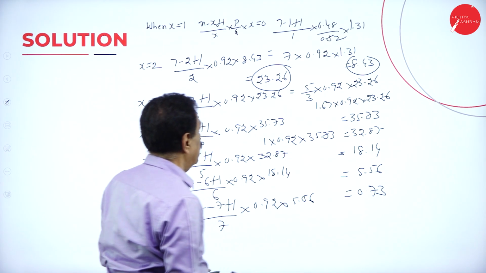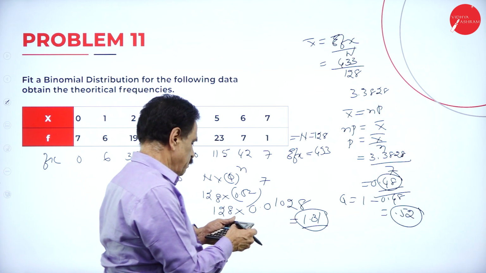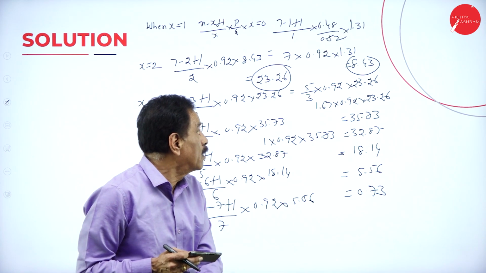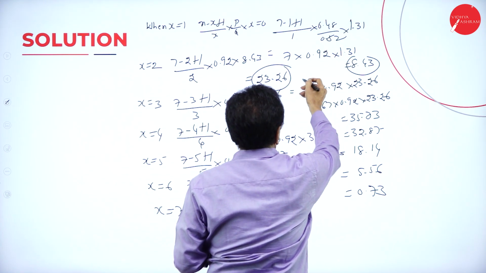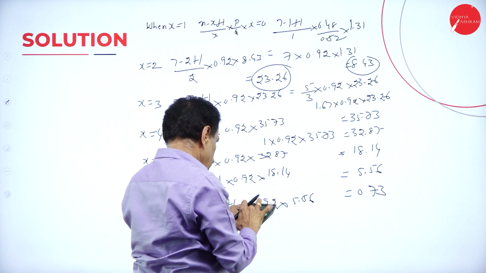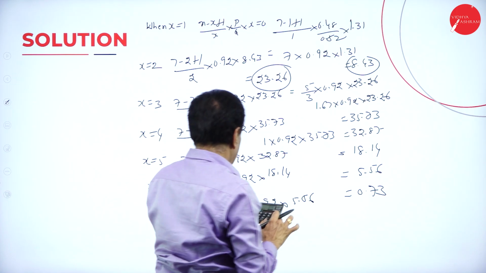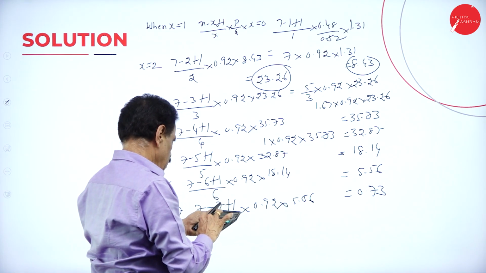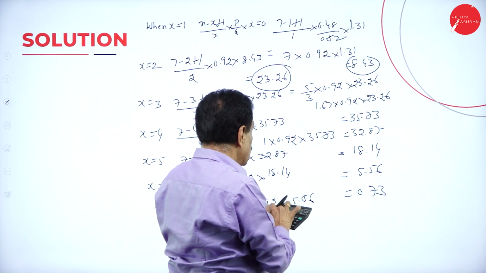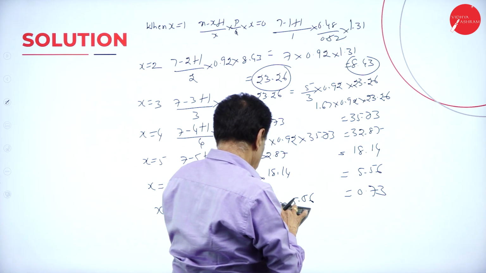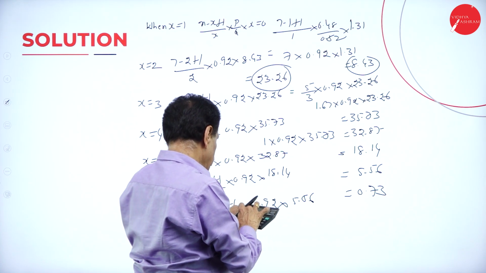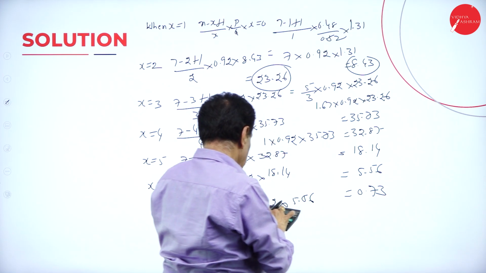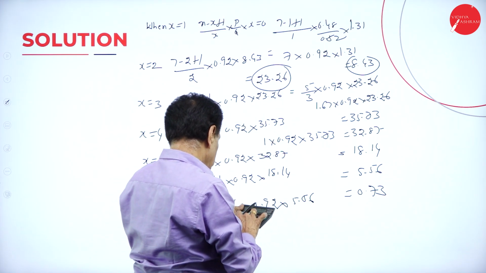Totally 128. So 128 is 1.31 plus, when x is equal to 1, 8.43, plus 23.26 when x is equal to 2, plus 35.73, plus 32.87, plus 18.14, plus 5.56, plus 0.73.